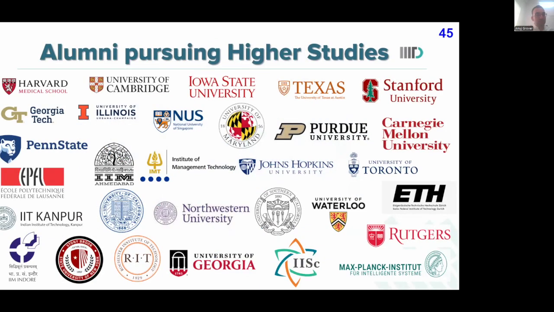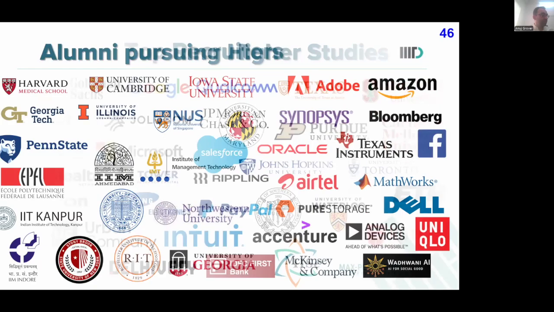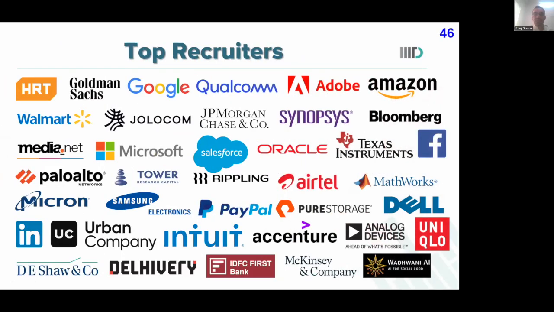They are also working with some of the best recruiters in the world, and we're proud of the achievements that these alumni make and the impact that they are continuing to make in the world.